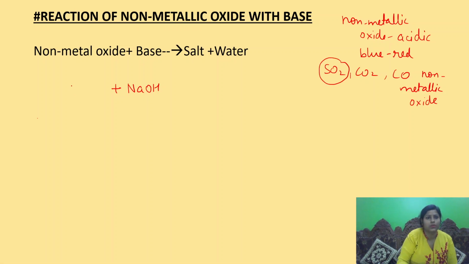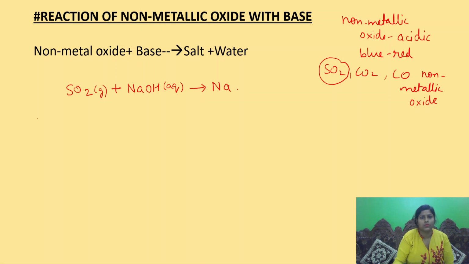So we will pick up one of these. Like we are picking up SO2. This is a non-metallic oxide. This is in gaseous form. This is aqueous. What will be formed? A salt, Na2SO3.